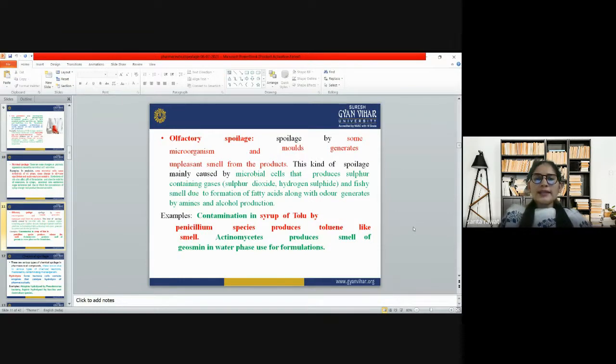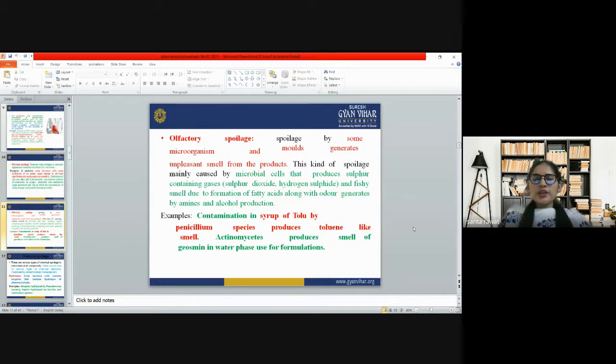Now, the next change is olfactory spoilage. Olfactory spoilage includes spoilage by some microorganisms and molds that generate an unpleasant smell from the product.